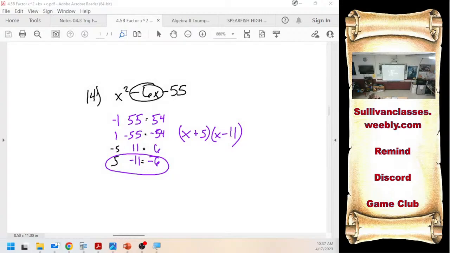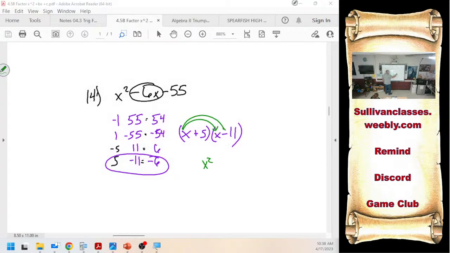Do you remember how I check? How do I know I'm right? Put it back in. Well, remember what we were doing 2 weeks ago? What do I do with something smashed up on something else? I multiply. So if Elise did this right, what's x times x? X squared.